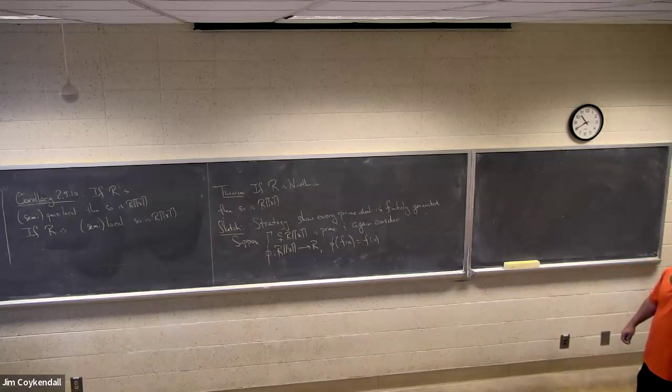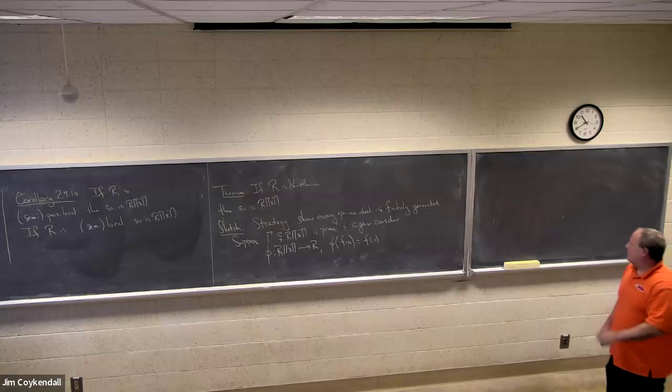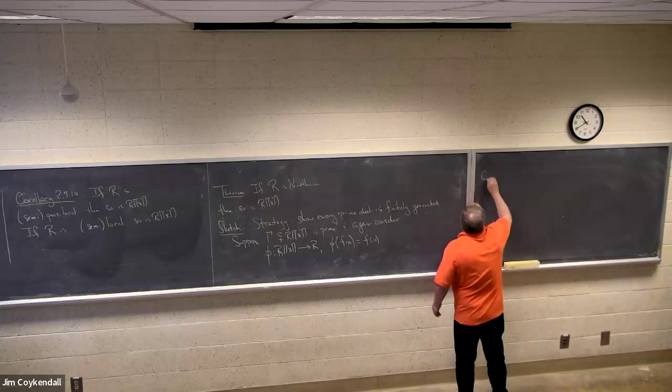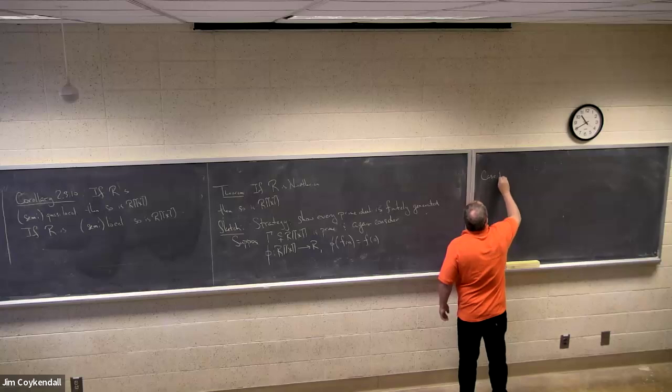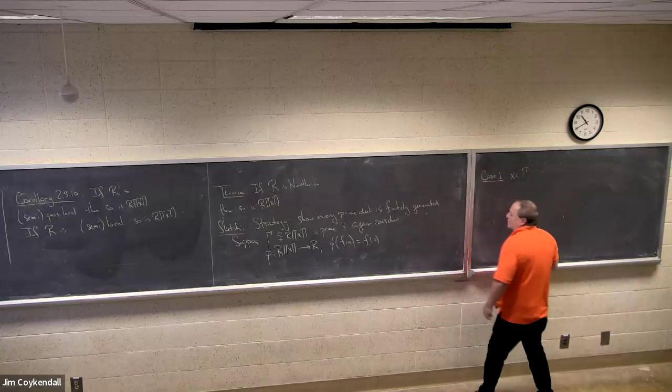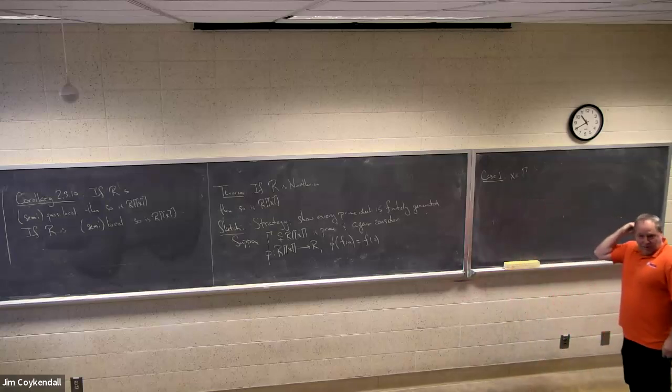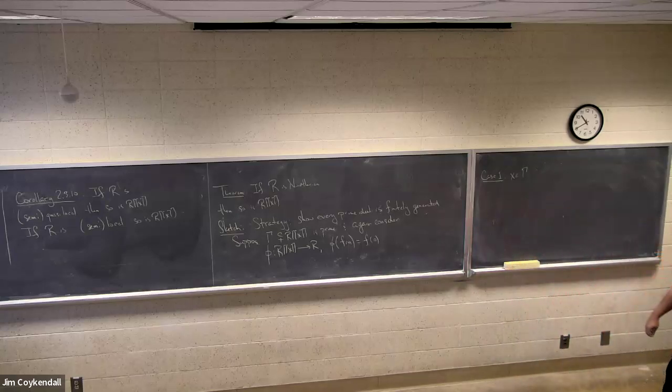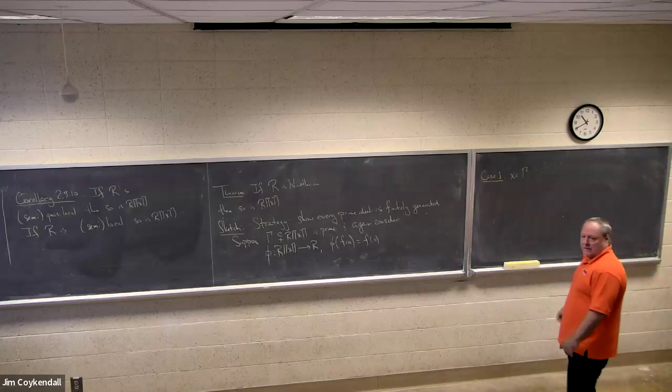There are two cases to consider. Case one: suppose that X is in gamma. This is the easy case, actually.